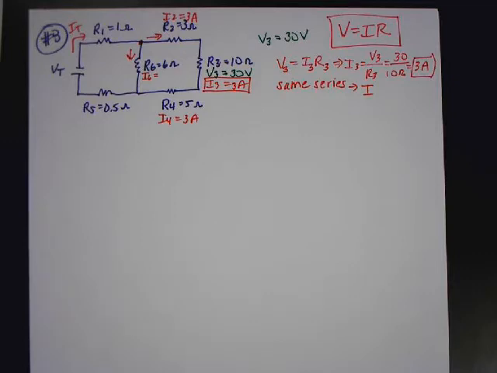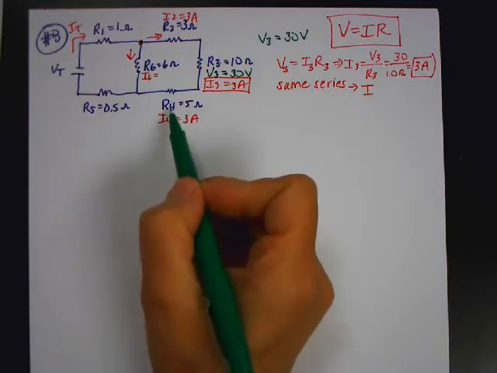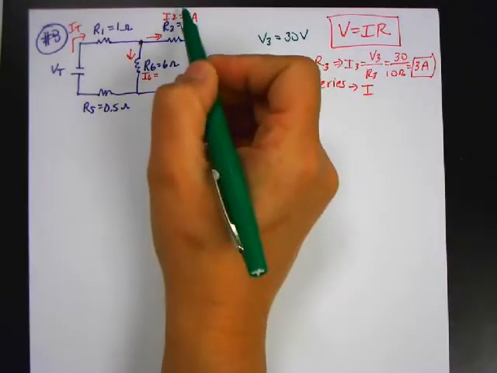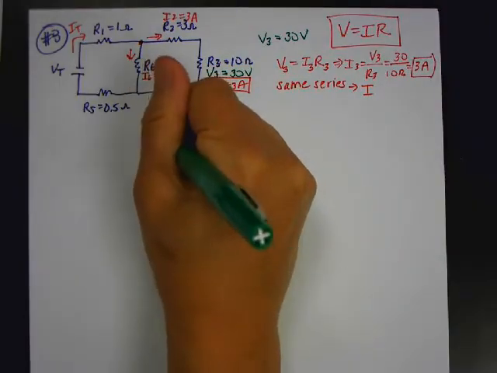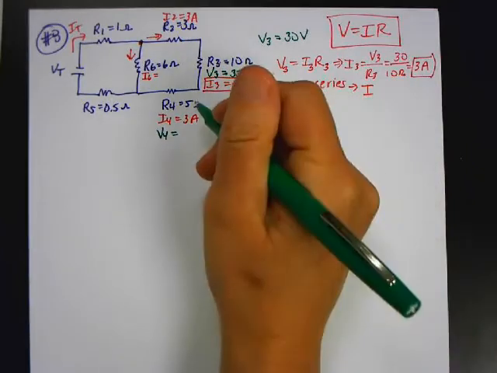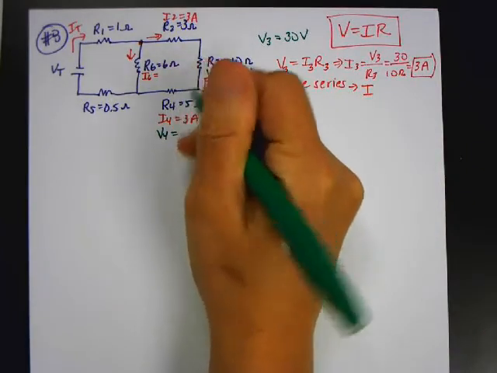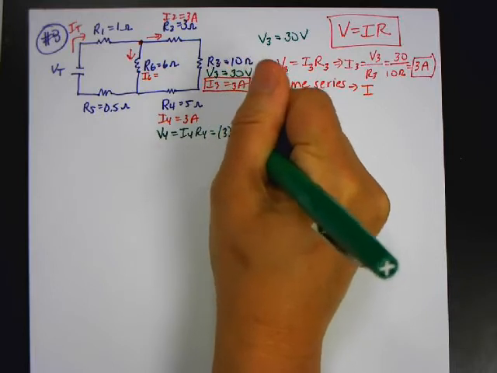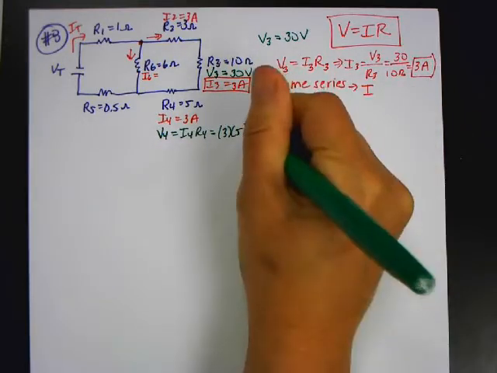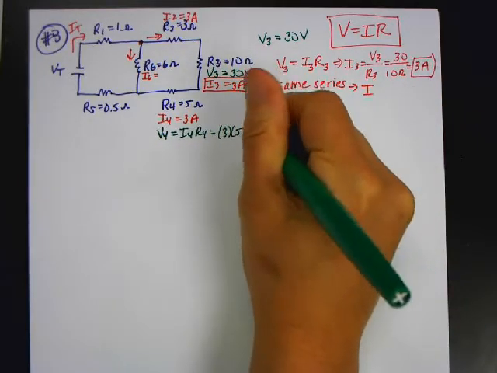So I know the current is the same. Now that I have I and R, can I find V? Yeah. So V4 is just going to be I4 times R4, so it's going to be 3 times 5, which is 15 volts.